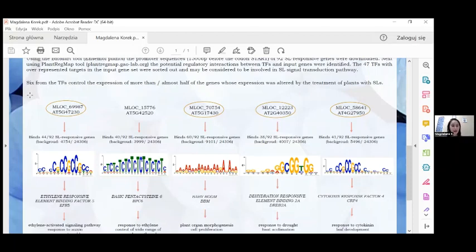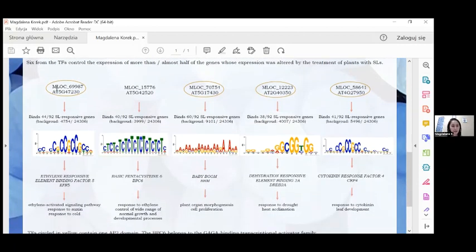As you can see, I selected 6 of them. These 6 transcription factors control more than half or almost half of the genes whose expression was altered by the treatment. It's about 30, 34, 40, 60, 38, and 31 genes, out of the 92 genes which were the input. Here is the ID of the barley transcription factor, and here the homologue in Arabidopsis.